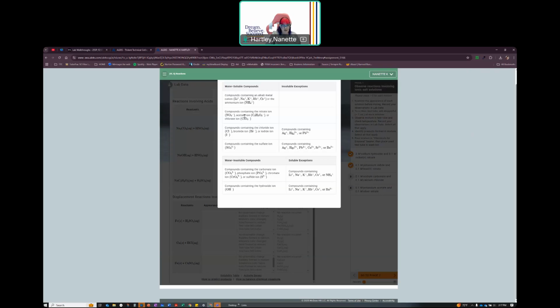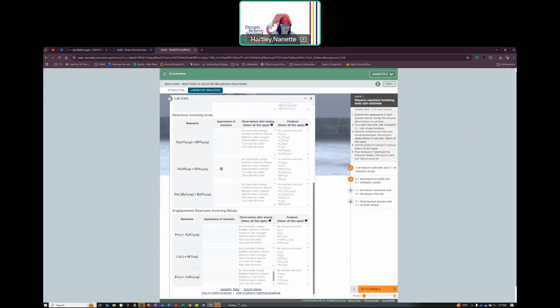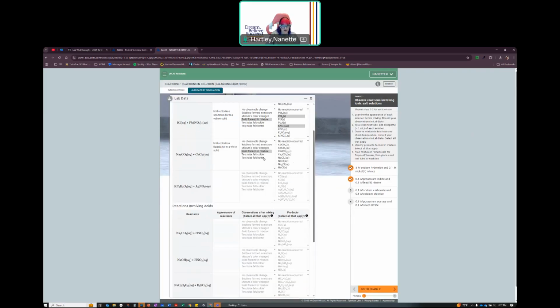So I don't see CO3 until I get here. CO3 2 minus is water insoluble. Ca is not listed as an insoluble exception. So CaCO3 should be the solid that is formed. So I scroll back up and I see that my NaCl should be aqueous and it should be an NaCl, one of each. So I see NaCl aqueous and Ca 2 plus goes with CO3 2 minus. So that's a CaCO3 solid.